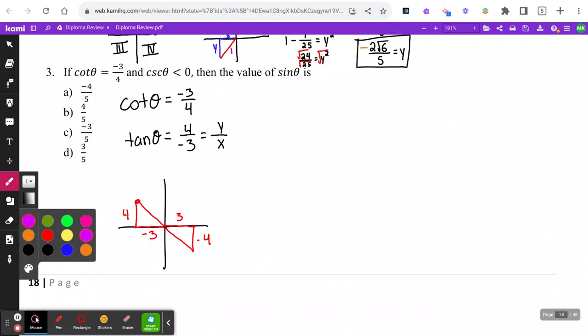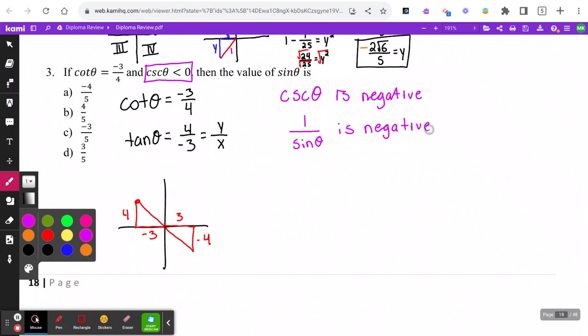That's why they have to include this little bit here. That narrows it down for us. That means that cosecant of theta is negative. Cosecant is 1 over sine of theta, so that means sine is negative.